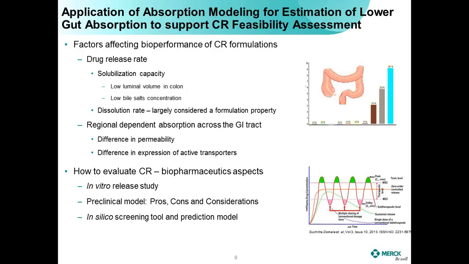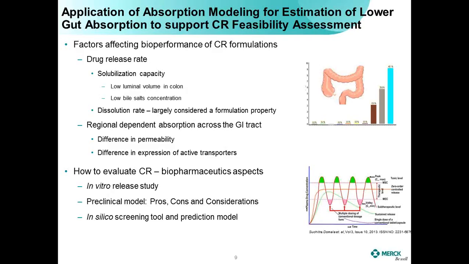From the in silico side, based on the in-house experiences of in vitro cell permeability and correlation with a dog colonic bioavailability database, we can use it as an early screening tool, but certainly need to consider the differences of the in vitro Caco-2 cell models versus the in vivo system, such as the difference in enzyme and transporter expression levels, and the difference of the tight junctions between the cells and the in vivo conditions.